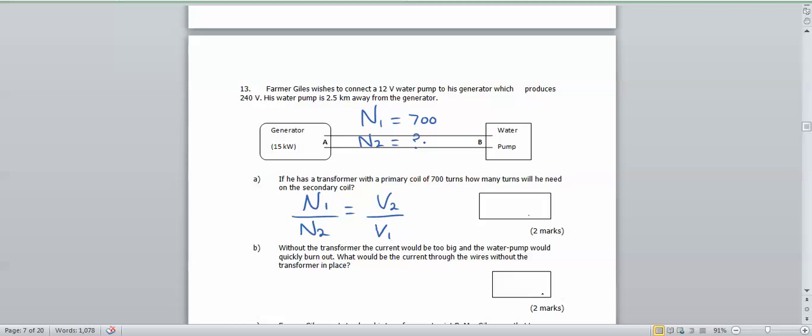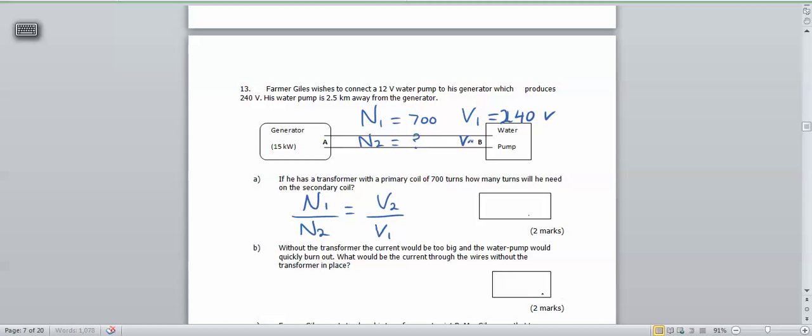The voltage, the 12-volt water pump. Okay, so the generator is generating 240 volts.